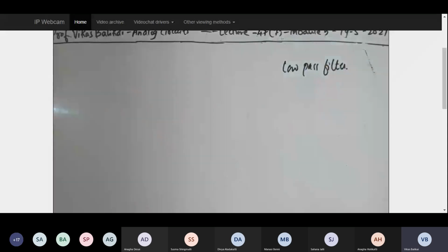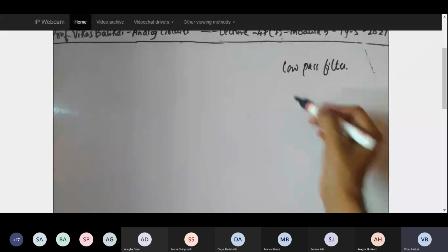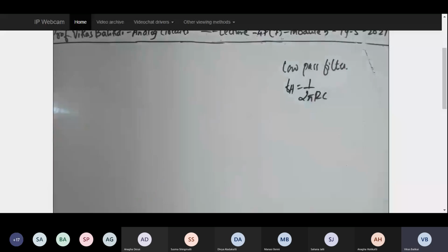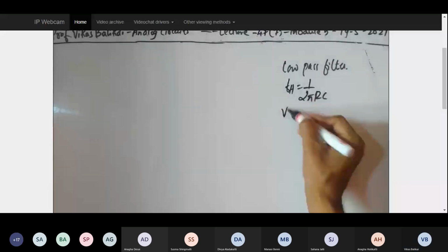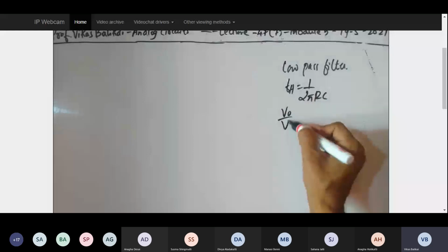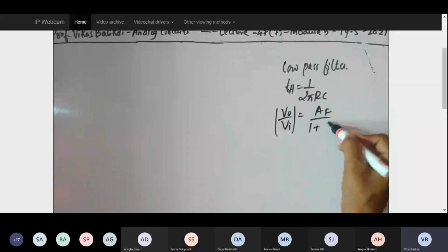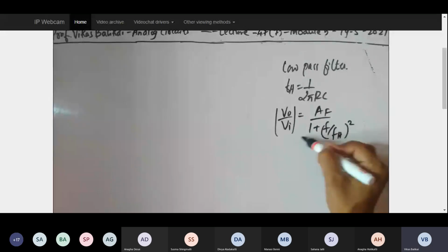the one which is very important is obtaining FH equal to 1 by 2 pi RC. So that was one thing that we tried to obtain, and then the V naught by Vi magnitude, that is AF divided by the square root of 1 plus F by FH whole squared. And there was a phase angle, which of course usually we don't calculate, but that was mentioned in the derivation as well.